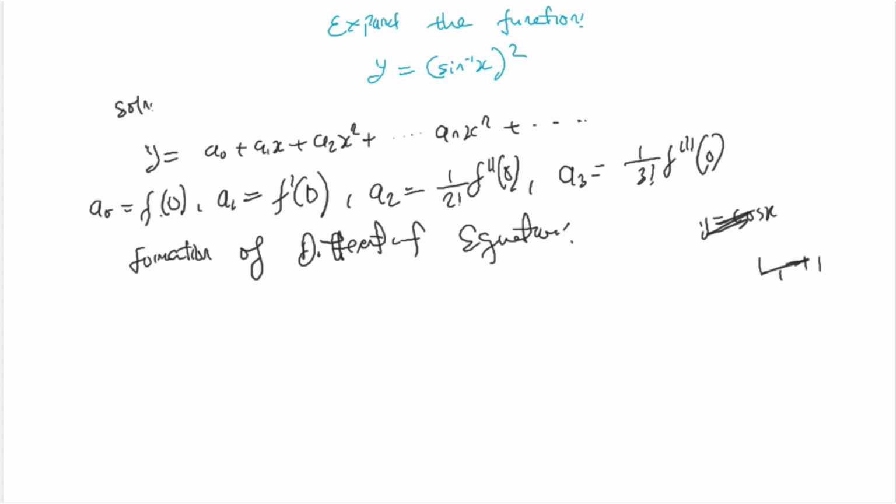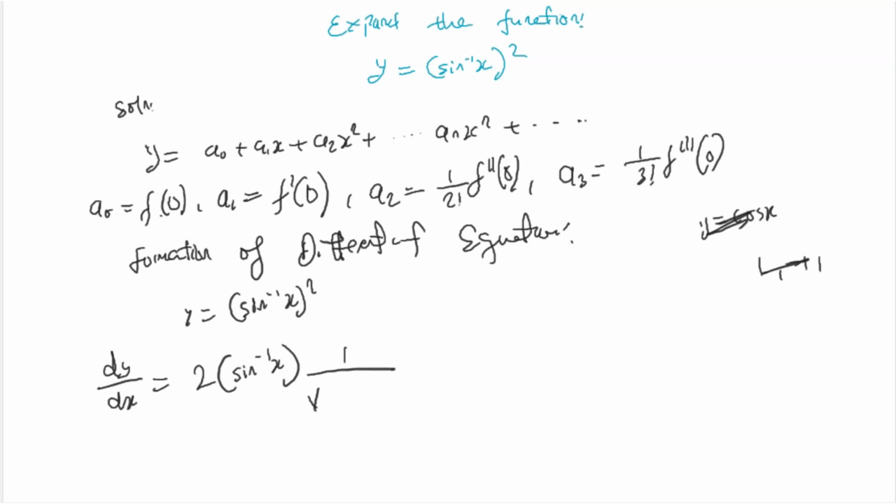Now, from y equals sine inverse of x all squared, the first derivative dy/dx would be 2 sine inverse of x, multiplied by the derivative of sine inverse of x, which is 1 over the square root of 1 minus x squared.